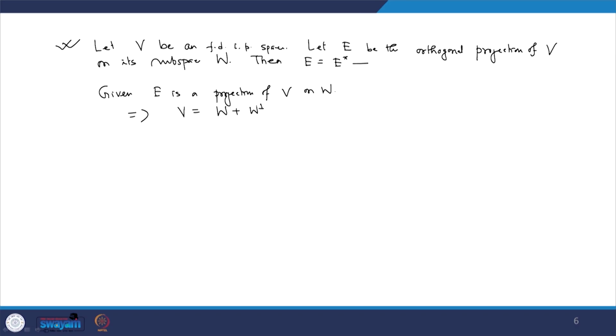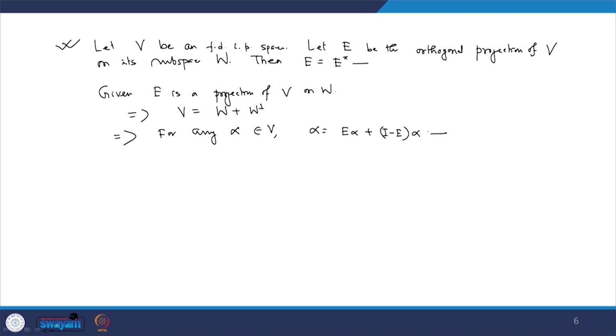So any alpha belonging to V can be written as E alpha plus I minus E operating on alpha.